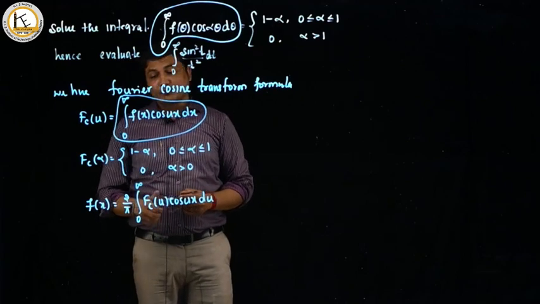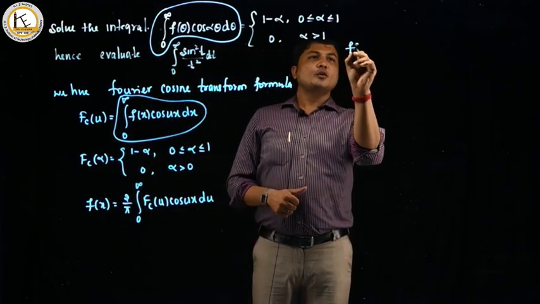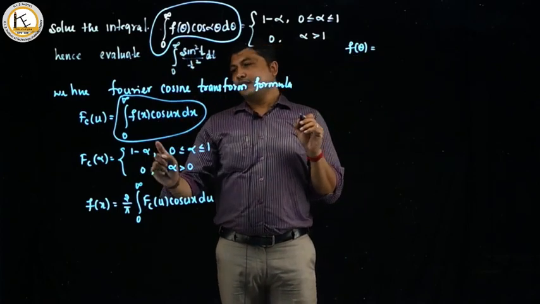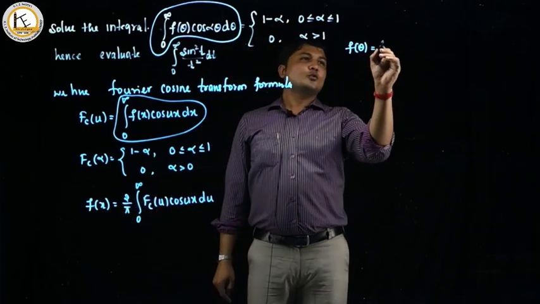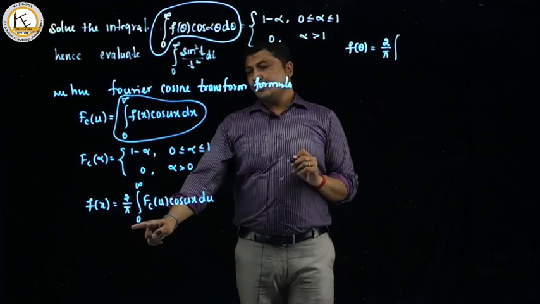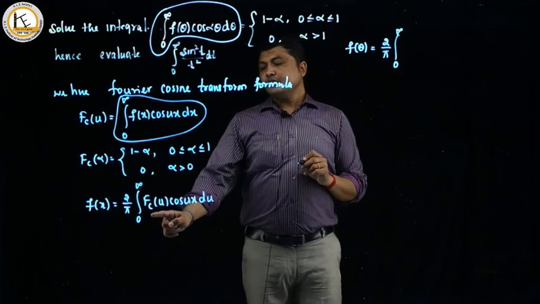Therefore, what does the f of x formula become? It becomes f of theta, because in this problem x is replaced by theta. Therefore, f of theta is equal to 2 by pi integral 0 to infinity Fc of u.